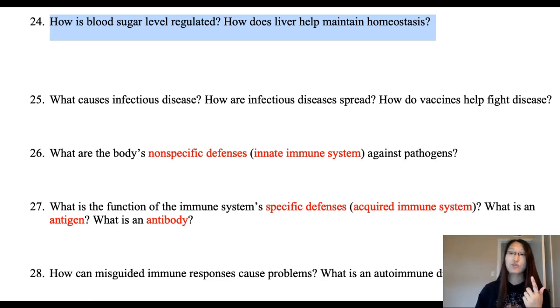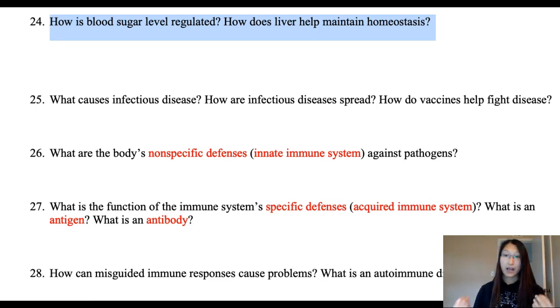First, it allows your body parts to take up a lot of the blood sugar in order to produce energy. Second, it's going to allow the liver to store a lot of the sugar. So then the result is that your blood sugar will go down. So the process goes, you eat, the blood sugar goes up, and then all those things that I just mentioned happen, and your blood sugar goes down. This is called negative feedback because the cause and the effect are the opposite of each other.